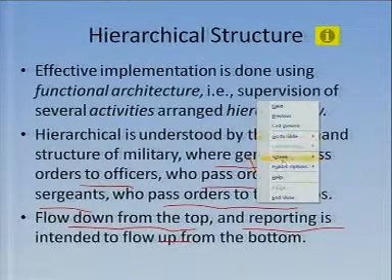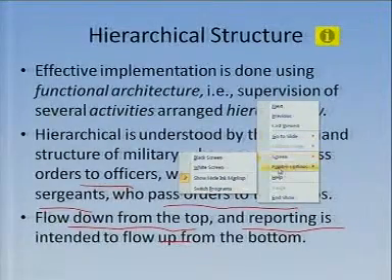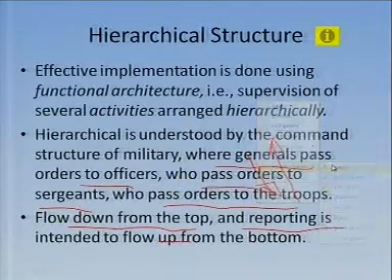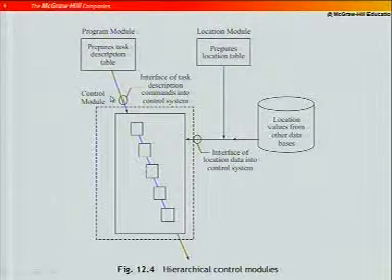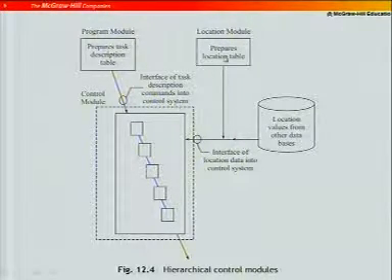To show how this is done, there is a block diagram here. So, this is a program module that prepares the task description table. This is done by the programmer, and then it enters the control module, this dotted line. Okay. The interface of task description commands in the control system, and this location module will have the descriptions of the location. For example, move is a command.